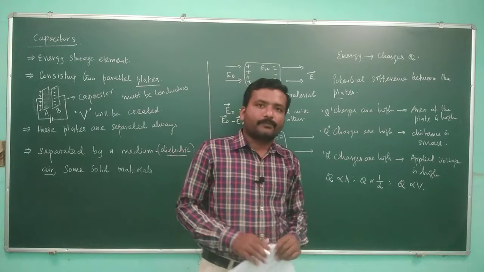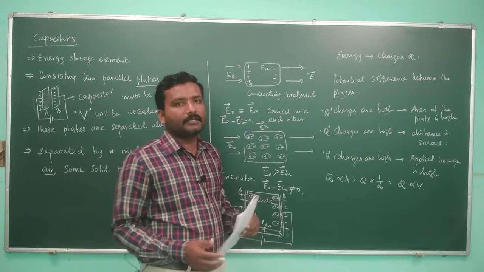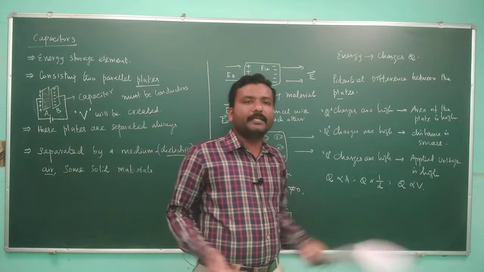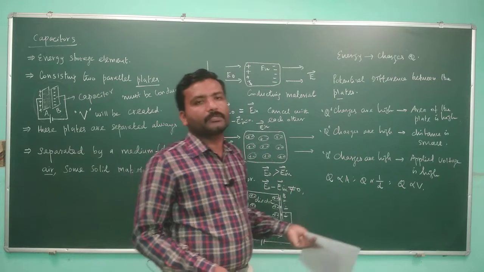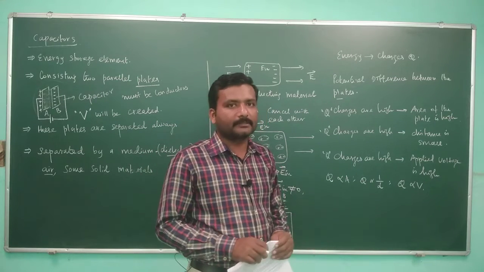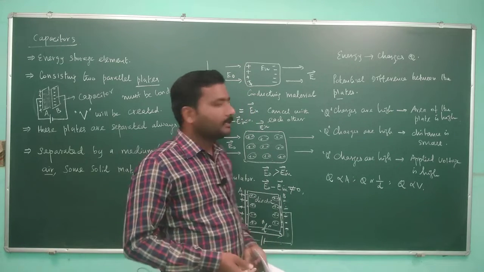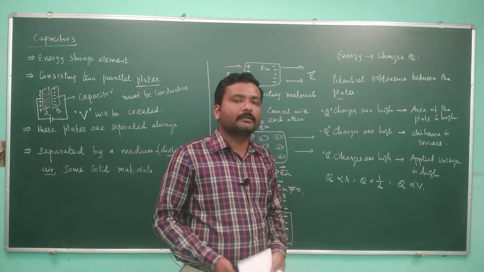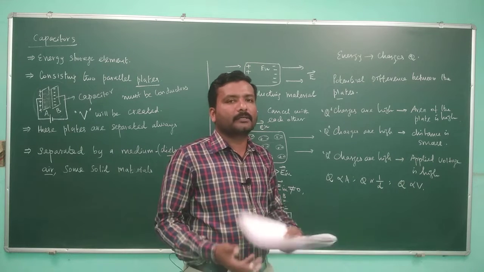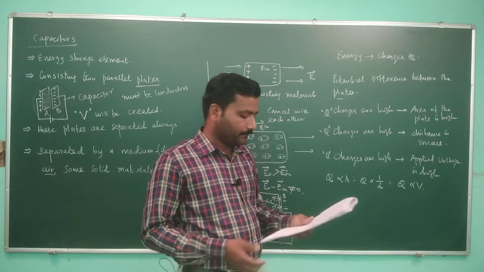That means if the area is larger, then the quantity of charges that can be stored within these plates is high. If the distance is shorter, then you can have larger charges. And if you apply more potential, more supply to the plates, then we are able to store more charges.